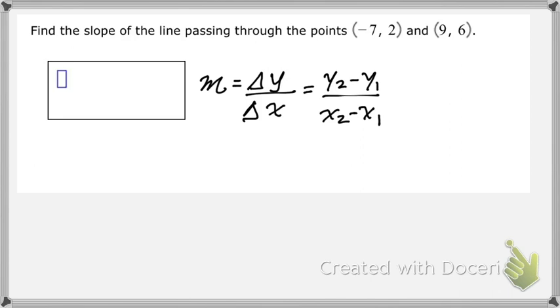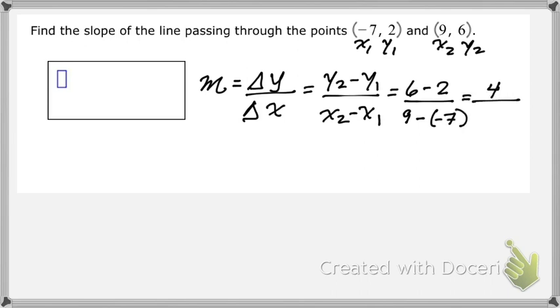What are y1, x1, y2, x2? Well, those are up here. We call that x1, y1, x2, y2. And it's simply a case of plugging those values in. So I get 6 minus 2 over 9 minus negative 7, and that's 4 over 16, or 1/4.